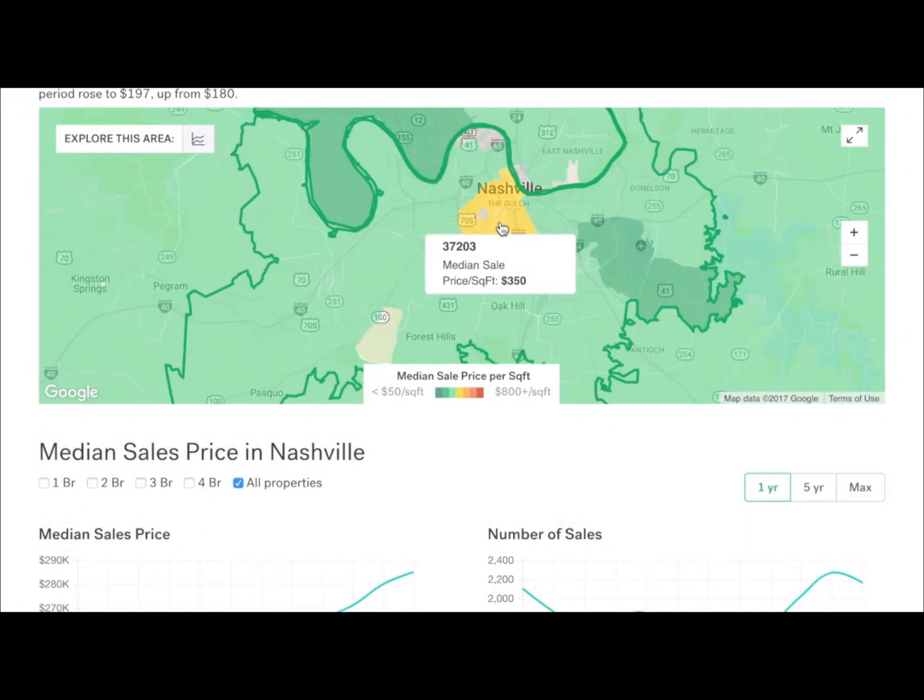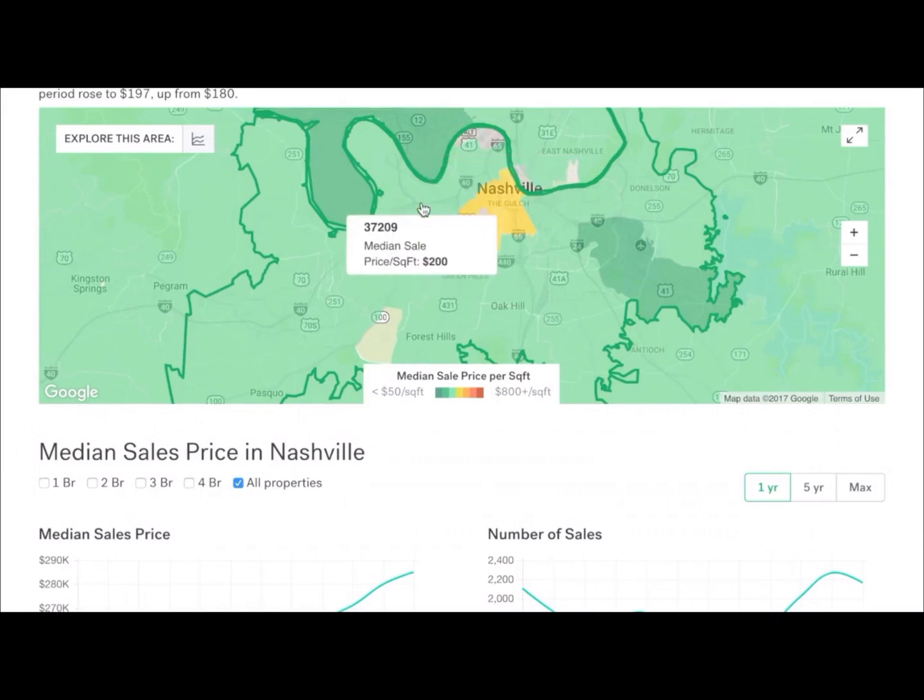So I'm just going to grab my calculator. If I'm looking at a deal that's 2,000 square feet in that zip code times 350, that's a $700,000 home, because I'm taking 2,000 square feet times $350 a foot to give me 700,000.